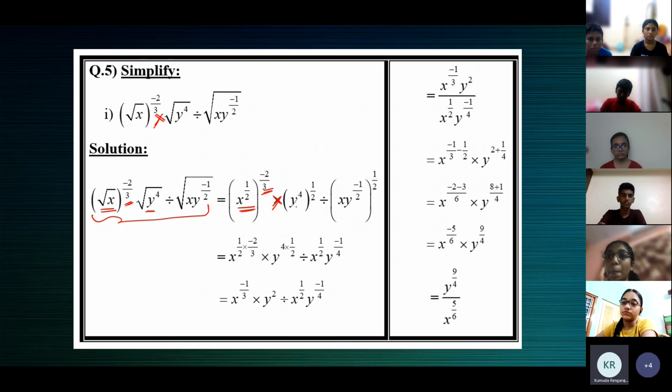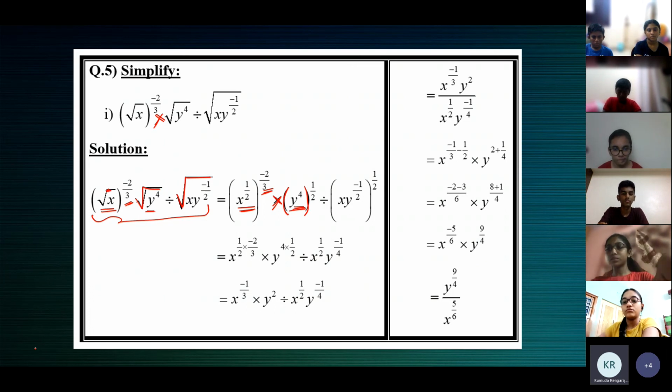Then the square root means the whole power 1 by 2. Then division. And under the square root, we have xy to the power minus 1 by 2. If you remove the square root symbol, it is the whole power 1 by 2. So we have got rid of the radical form and expressed it in the exponential form.